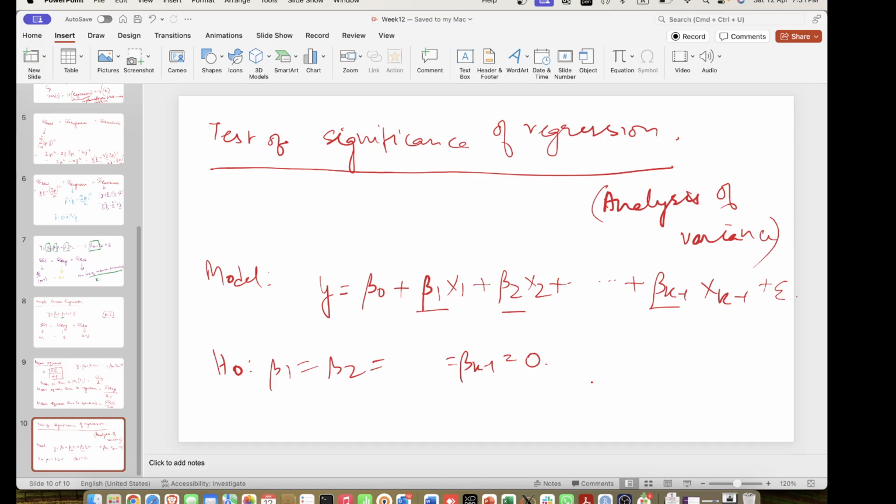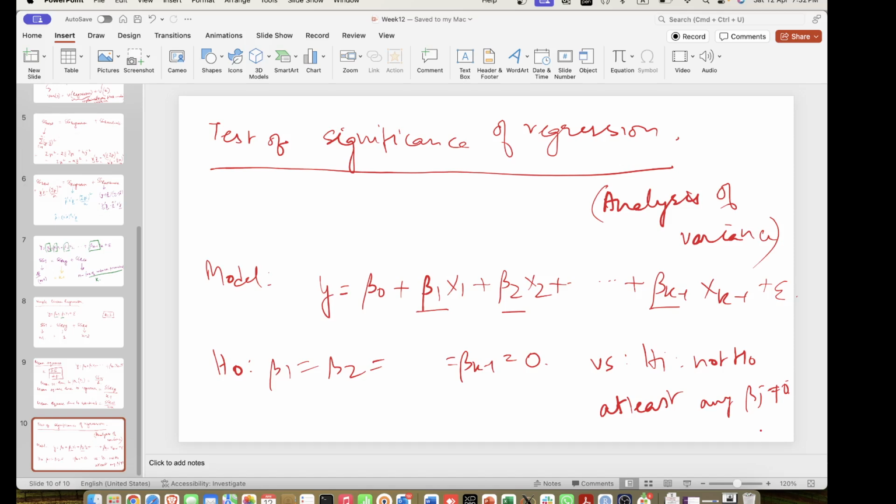Now having said that, what should be the alternate hypothesis? So the alternate hypothesis in this case, H1, is not H0, or if I have to explain in words, at least any beta j not equal to 0.